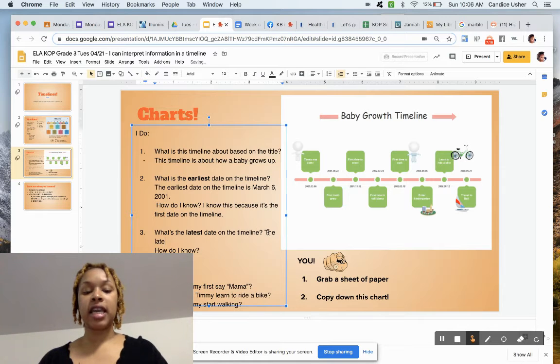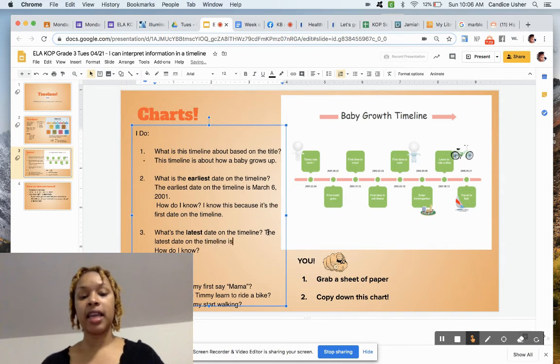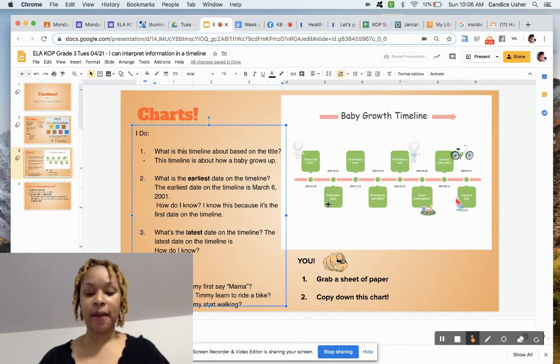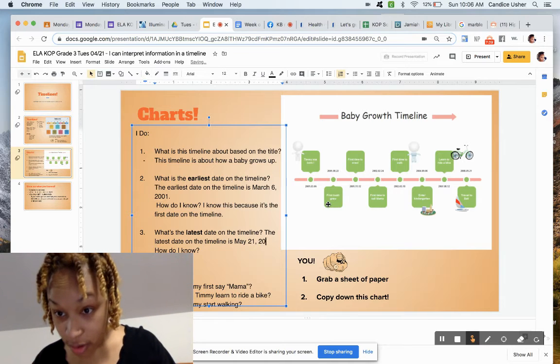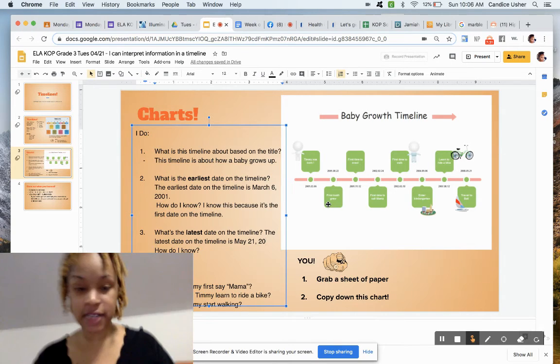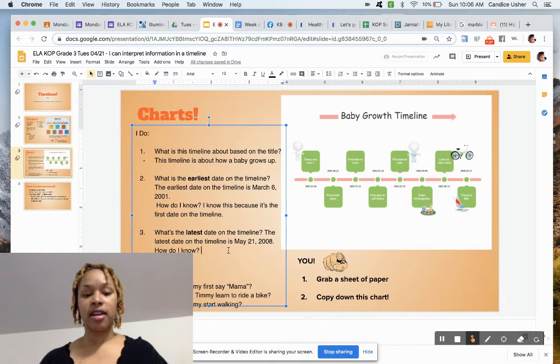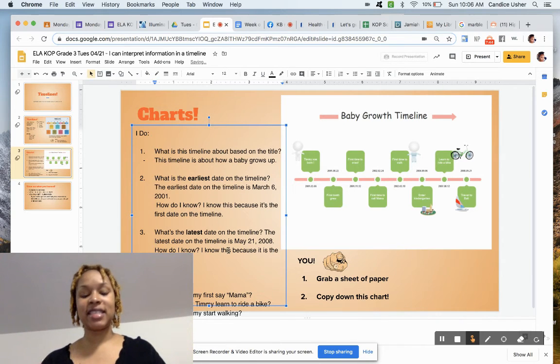The latest date on the timeline is May 21st, 2008. May 21st, 2008. And how do I know? I know this because it is the very last date on the timeline.